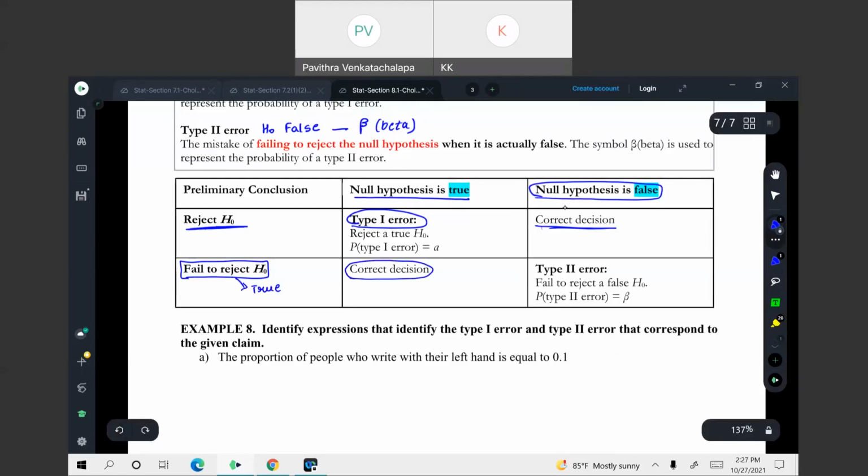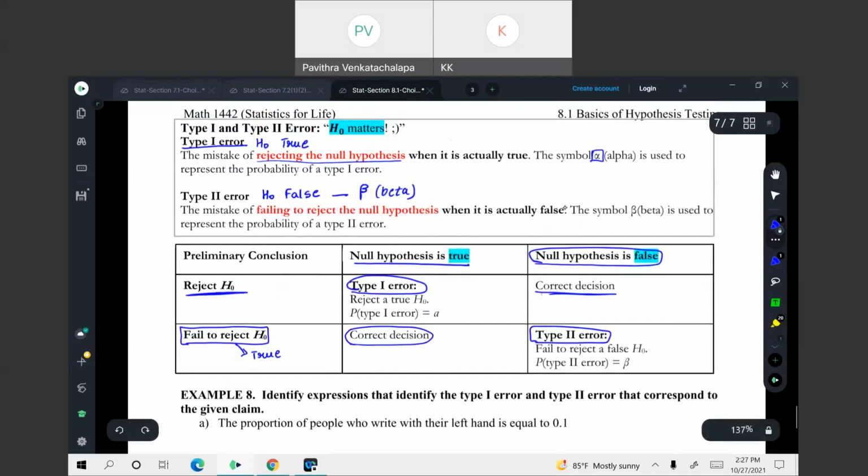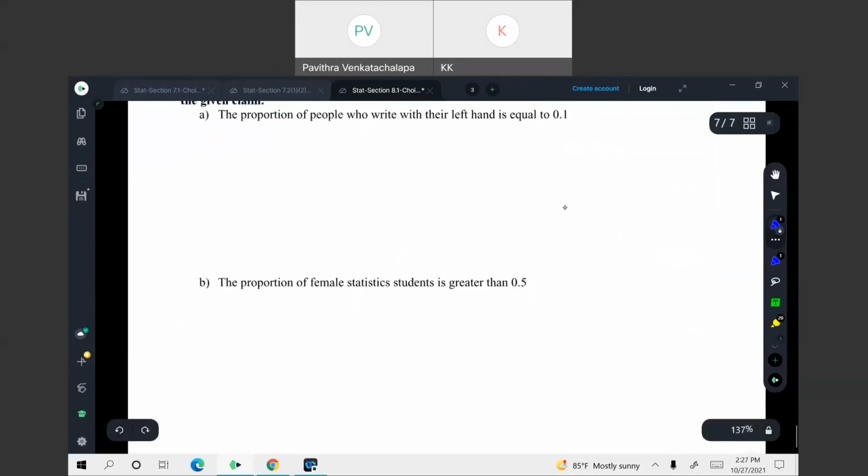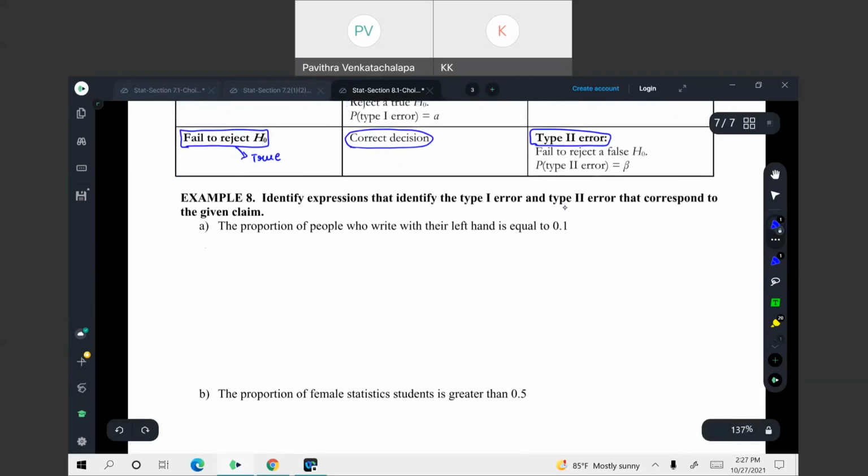There is no error. But if the null hypothesis is false and you fail to reject it, that is a type 2 error. This is how you identify type 1 and type 2 error. We have two examples on this.